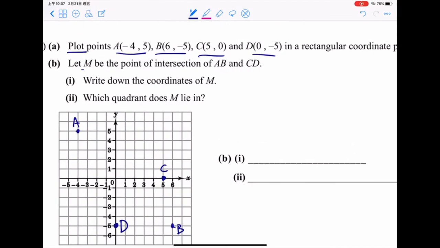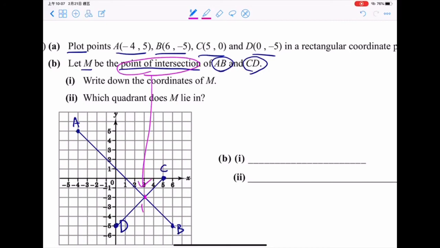Part B, M is the point of intersection of AB and CD. So here you haven't been asked to draw the line, but you need to draw it yourself because you are given the point M, and we need to see where M is. First of all, draw AB. Secondly, draw CD. So the point of intersection is here.